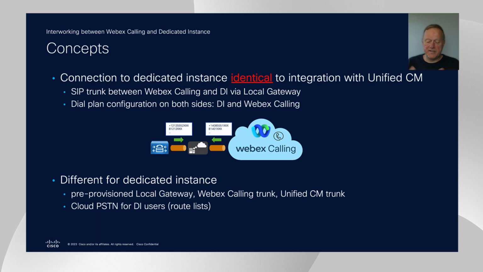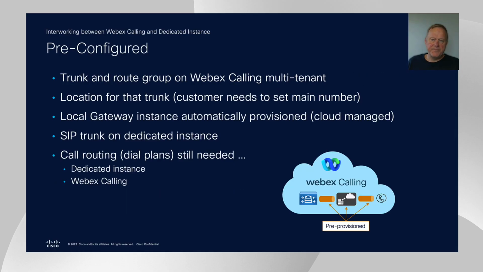Those are set up and configured by Cisco, and you'll see them showing up in Control Hub and in your Communications Manager administration without your intervention. And also the Cloud PSTN for Dedicated Instance users is based on route list. That's the difference, and this will be covered in a dedicated section.